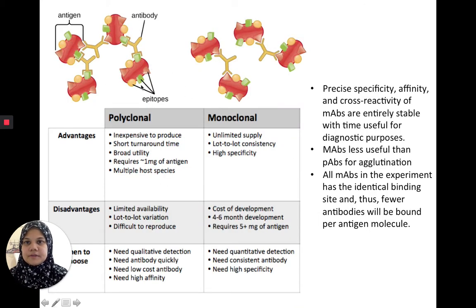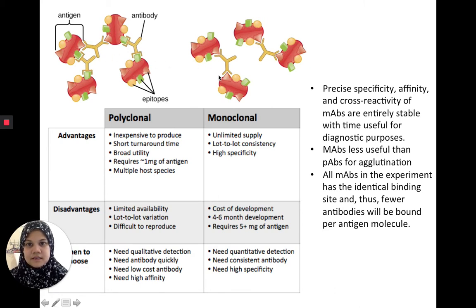Now the picture here, I think, gives some indication. You've got the antigen with multiple epitopes, and you've got some antibodies that recognize a specific epitope.